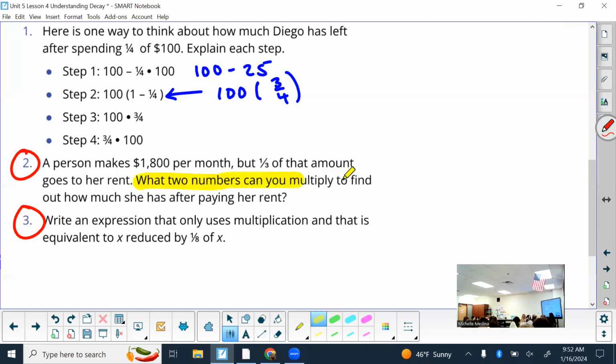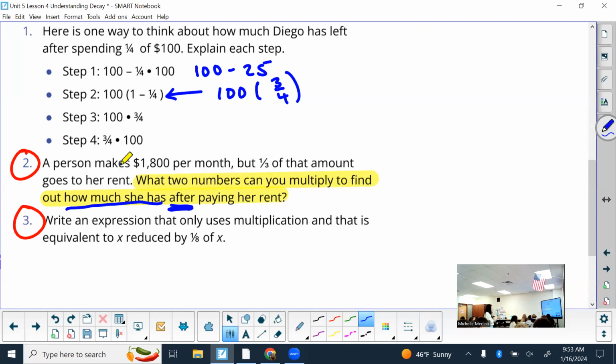It said, what two numbers can you multiply to find out how much she has after paying her rent? Did you figure out what those two numbers are? Yeah, that's what this question is asking.